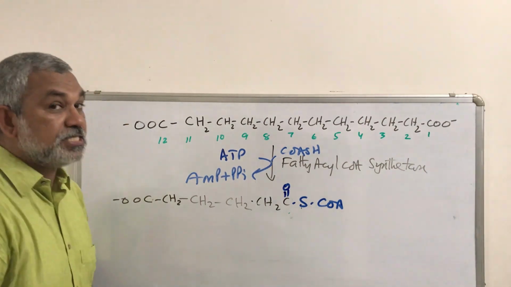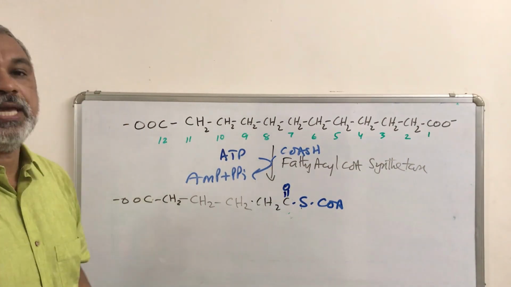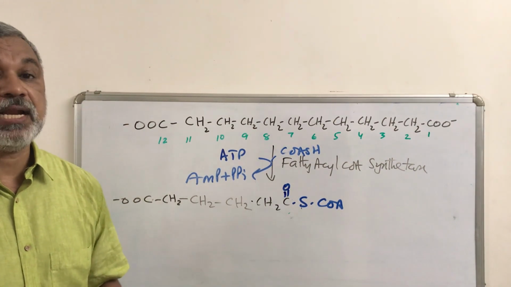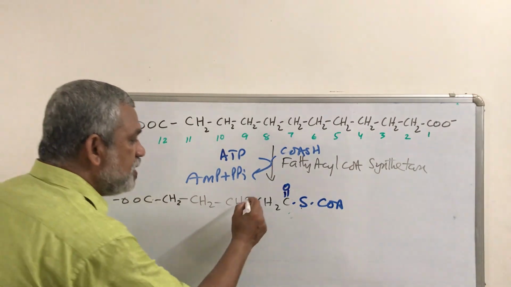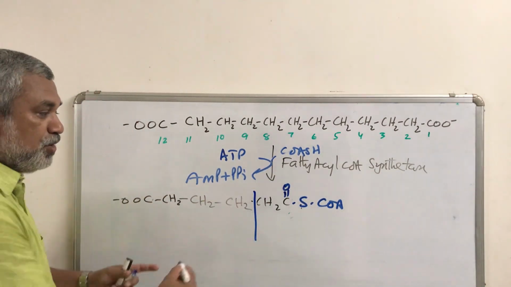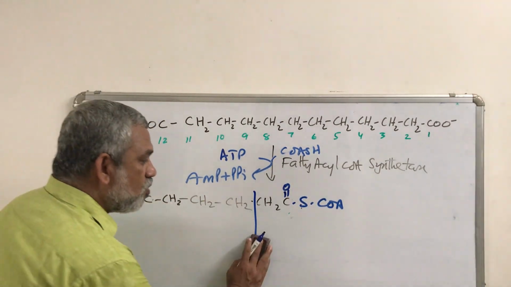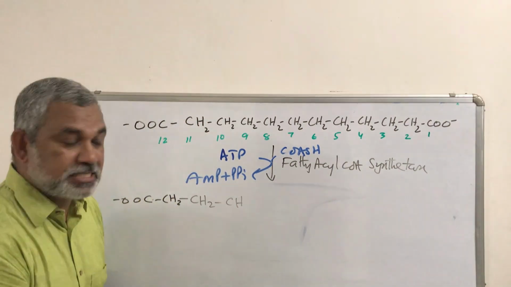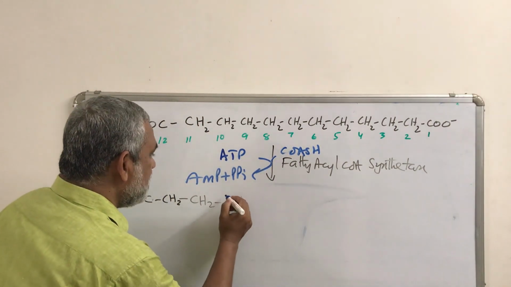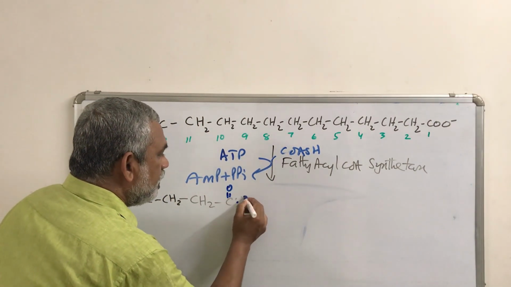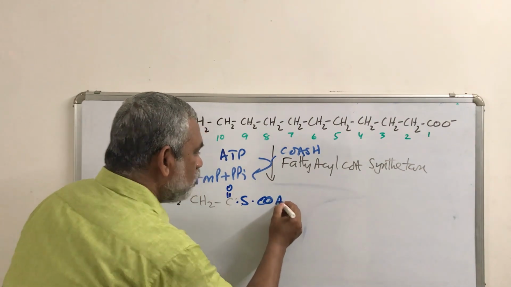You are left with a 6 carbon atom compound. The next possibility is that you can have one more round of beta oxidation, and one more acetyl-CoA is removed, and this becomes a 4 carbon compound.